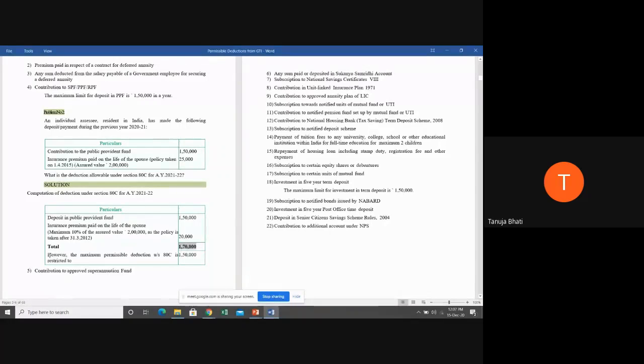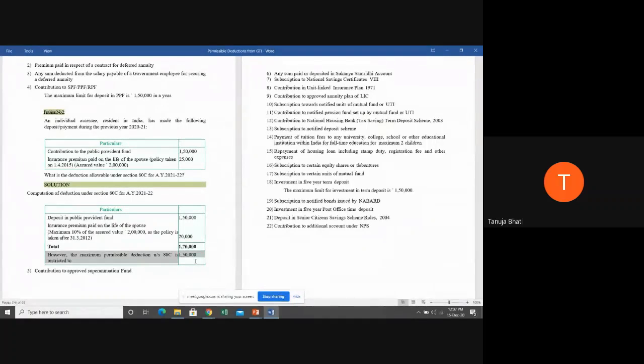Therefore, though he has made an investment of 1,70,000, he is still going to get a deduction of only 1,50,000. Why? Because the maximum permissible deduction under section 80C is restricted to 1,50,000. So students, have you understood this part?